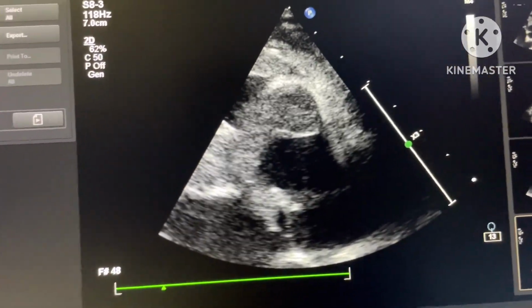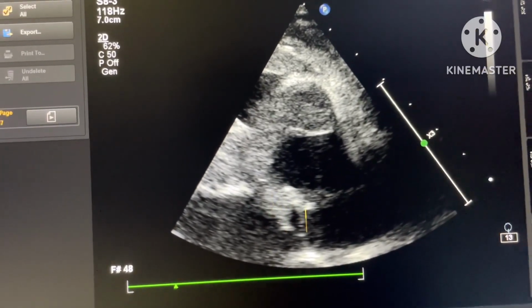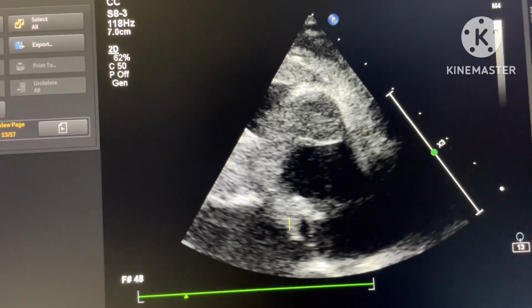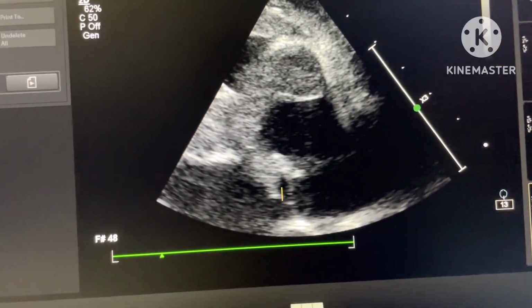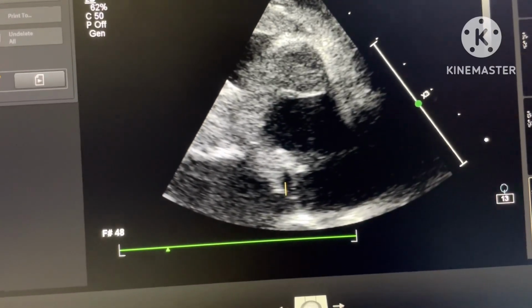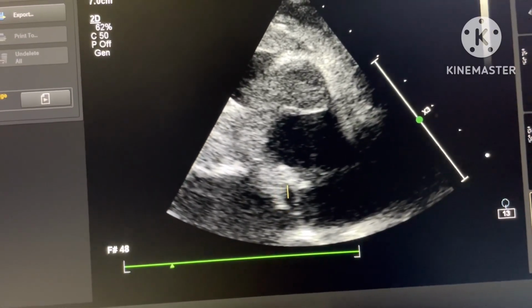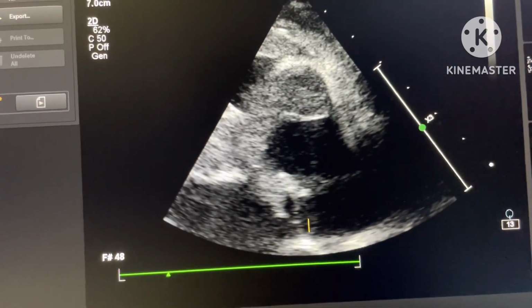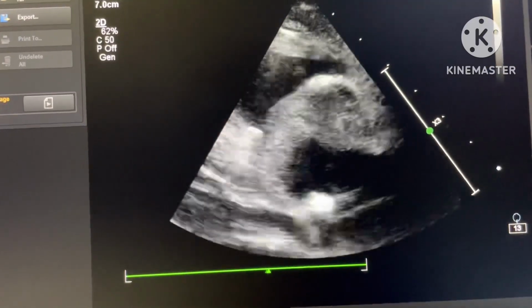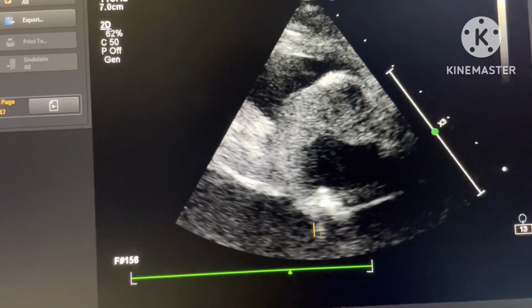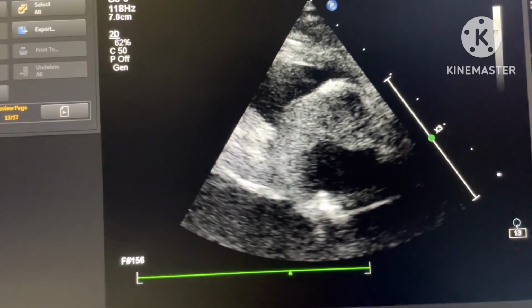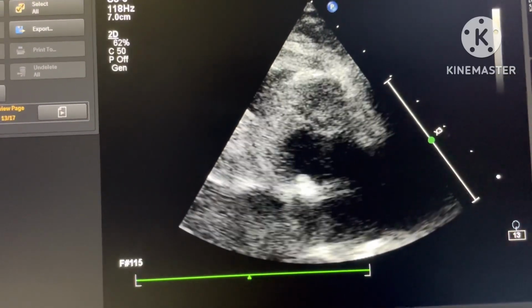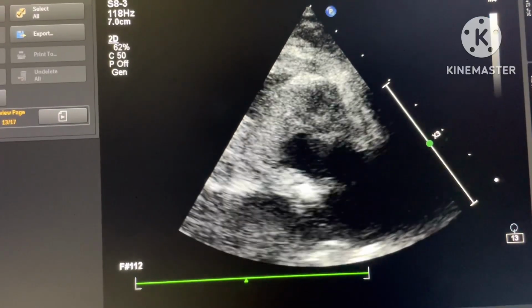Now you can see this appears like a subvalvular fibrous septum, but a fibrous septum cannot change its shape during the different phases of the cardiac cycle. So if it is a septum, then it should not change its shape during the different phases of the cardiac cycle. If it changes, then it is likely vegetation. You see this is like vegetation because it's changing its shape during different parts of the cardiac cycle.